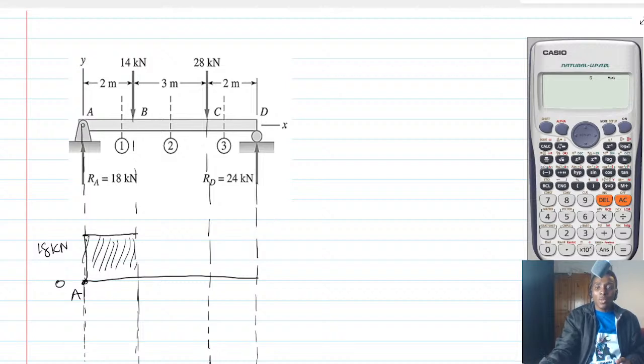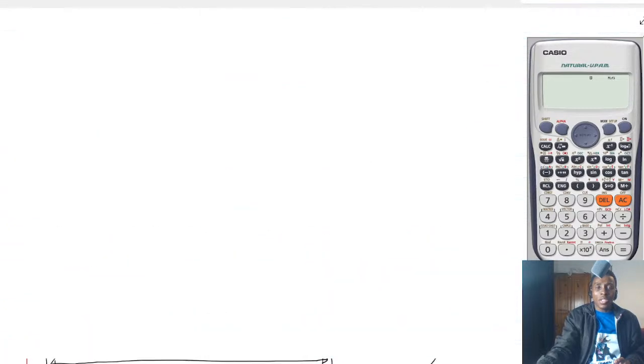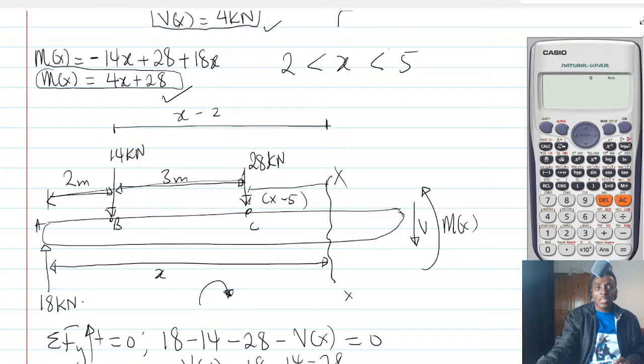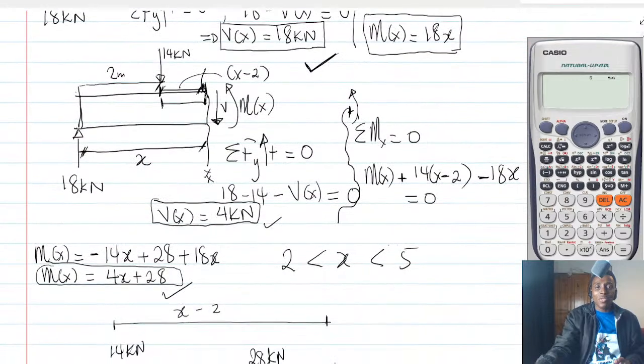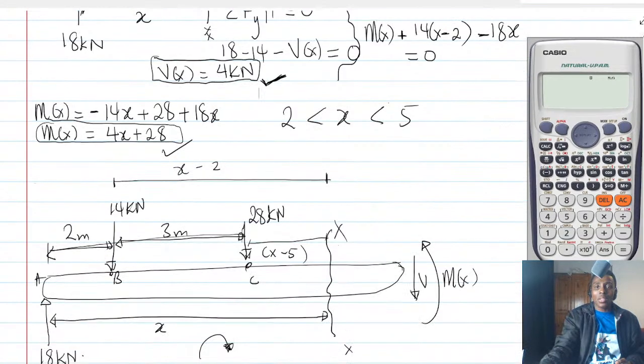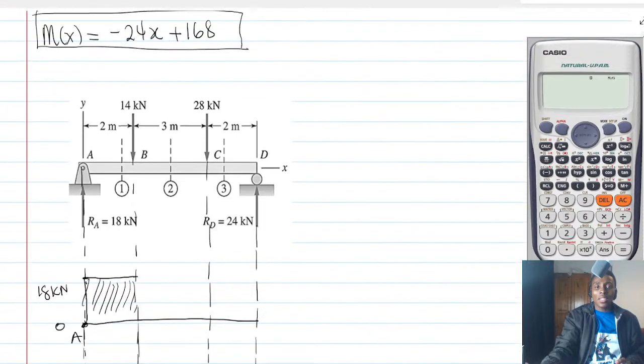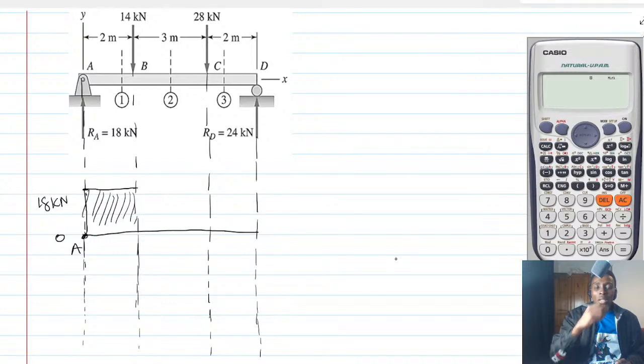And then we ask ourselves, from B to C, what is it? The second diagram. From B to C, it was 4. So it's like you are at 18, now you drop to 4. Is that right?